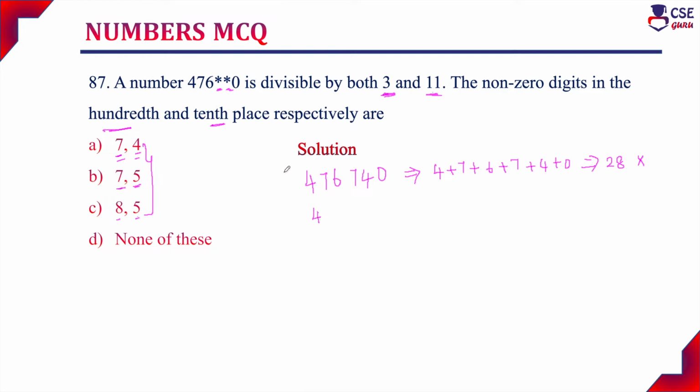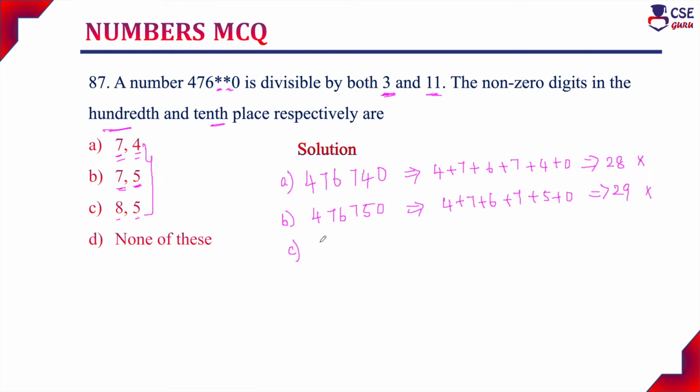That is 4, 7, 6, 7, 5, 0. Its sum is 4 plus 7 plus 6 plus 7 plus 5 plus 0, and its value is 29, and this is also not divisible by 3.